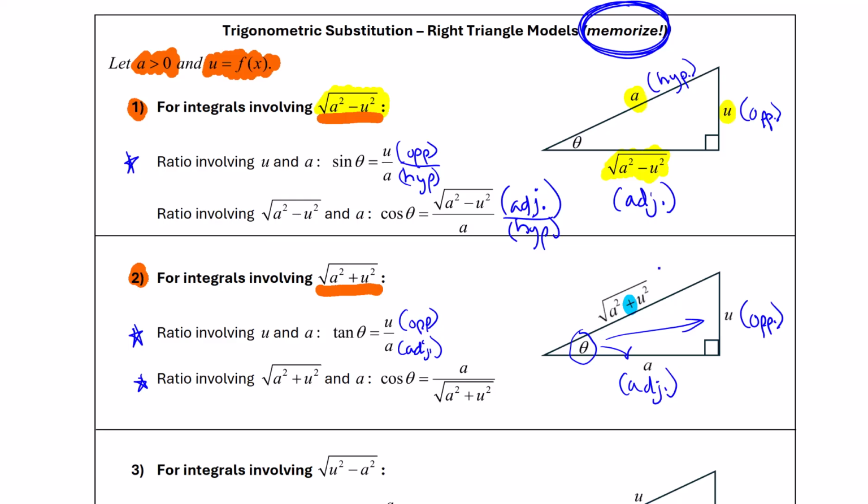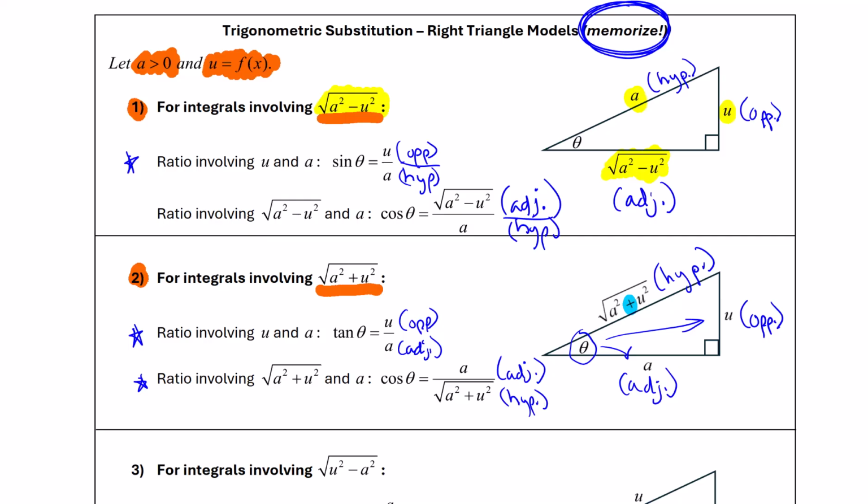And of course, the root, this time, is the hypotenuse. That is the square root of a squared plus u squared. So if you want to involve those two sides, adjacent and hypotenuse, then you have to use cosine, which means we say cosine theta equals adjacent, which is the A side for this label, over hypotenuse, again, the square root of a squared plus u squared.